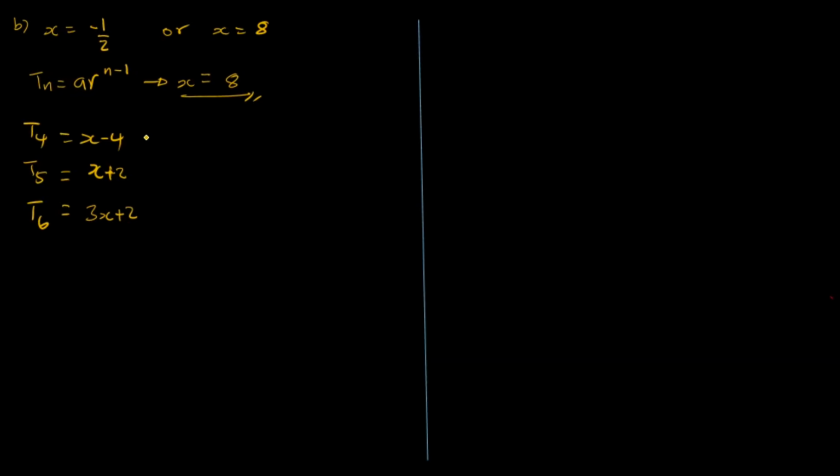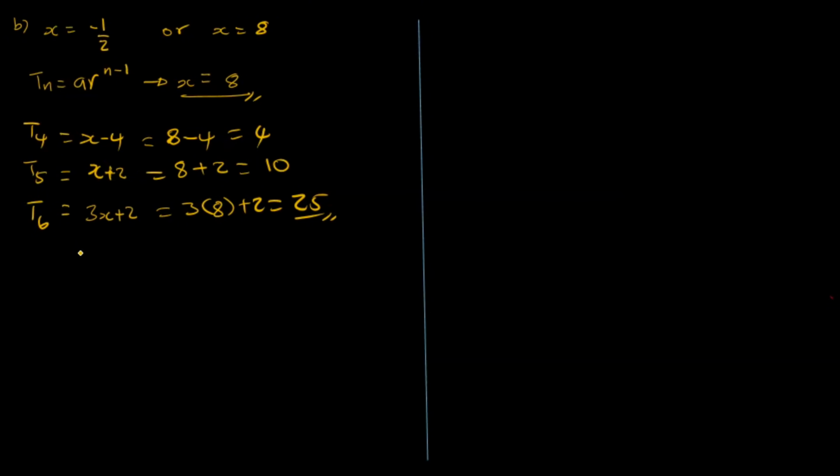So you just substitute 8, the value of x: 8 minus 4 gives you positive 4, 8 plus 2 gives you 10, and 3 times 8 plus 1 will give you 25.